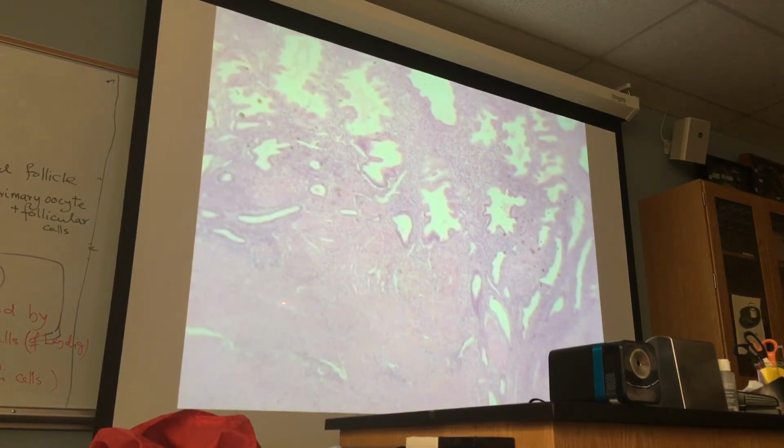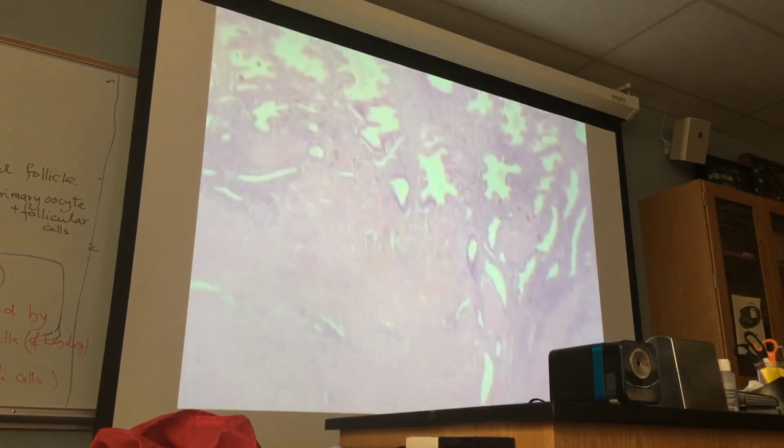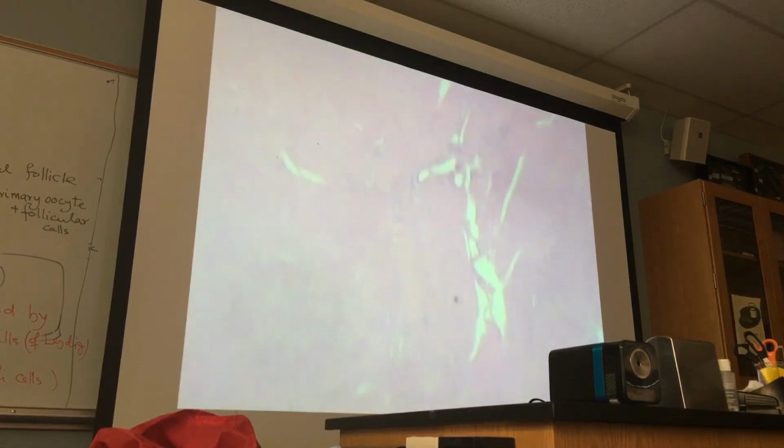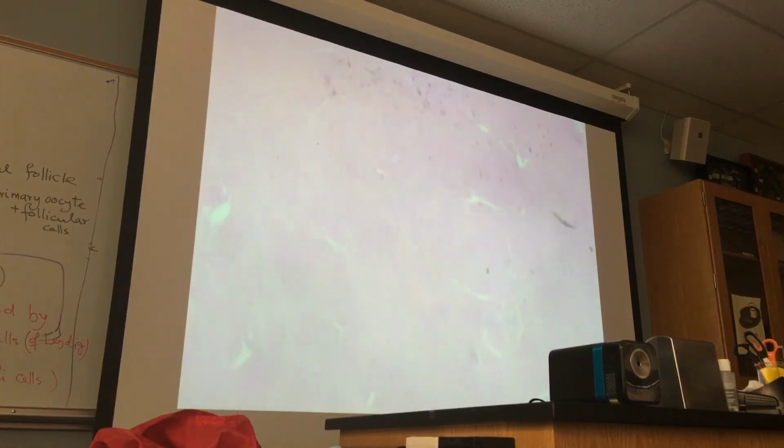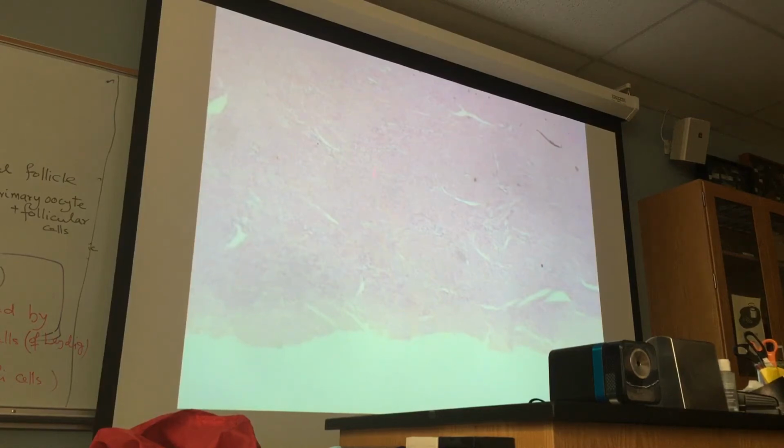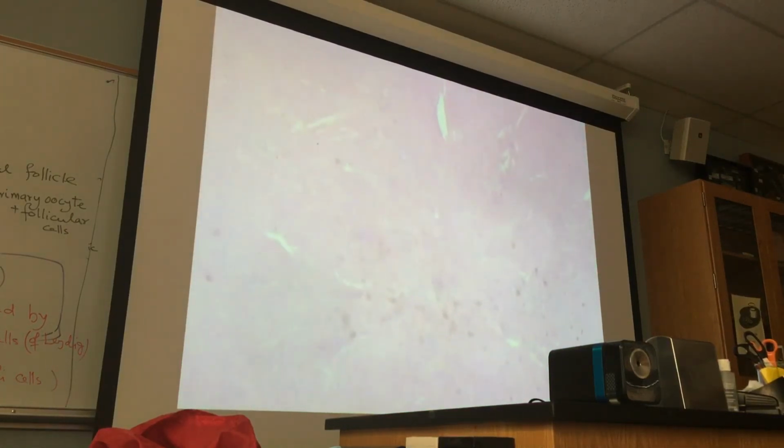You see here already smooth muscle cells. This is myometrium. There you go. Perimetrium we don't see here. This is myometrium. That forms the bulk of the uterus.